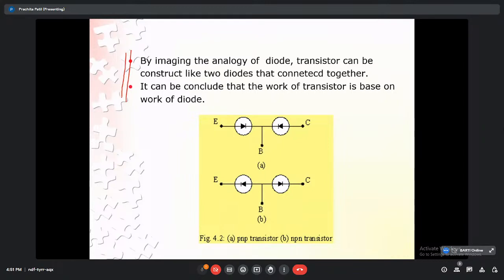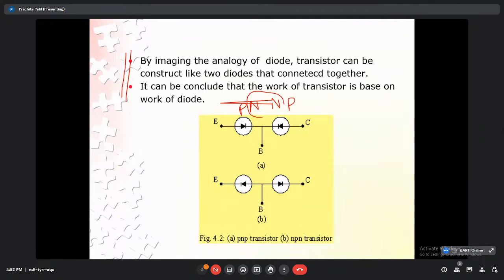I gave him diodes, a transistor, a breadboard, connecting wire, and the remaining ammeter, voltmeter, and a power supply. Then I asked him to construct the circuit, and he made the circuit like that. Here you can see this is the diode, this is the diode, connected back to back. Suppose this is P, this is N, this is N, this is P. Now what is happening here?